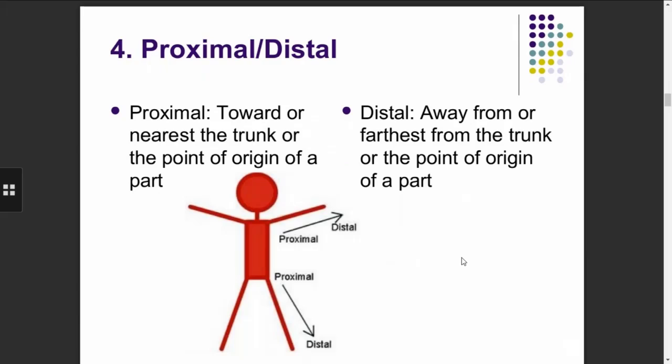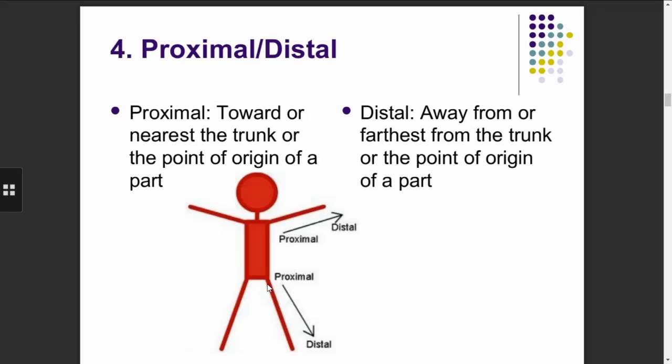Fourth one is proximal and distal. Proximal means near the trunk, nearest to the trunk or the point of origin of a part, like this one. Here the limb is arising from here.